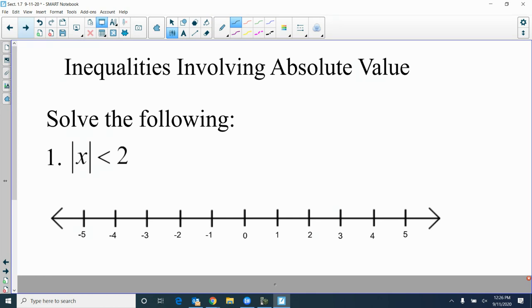Just think about it. I want all the numbers for x if the absolute value of x is less than 2. All the numbers whose absolute value of x is less than 2.